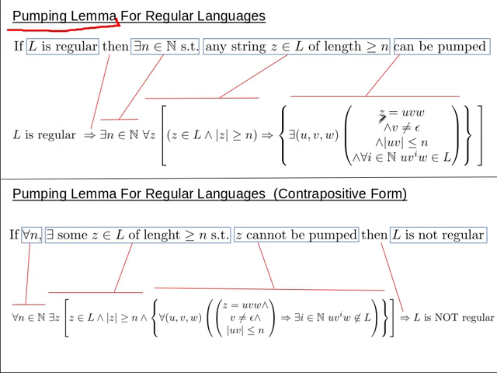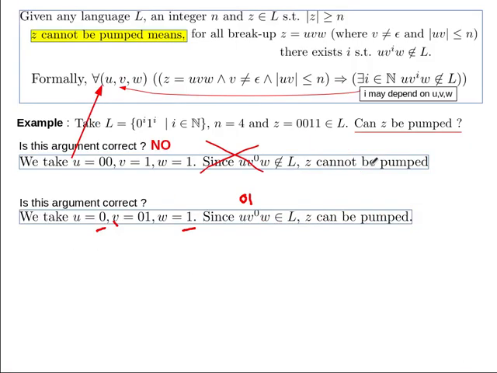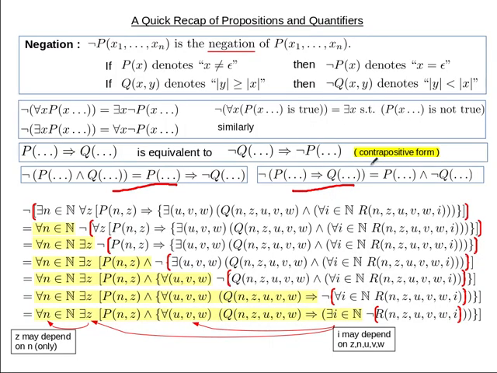And what is this? There exists n for all z, something implies there exists this thing, then a conjunction of this big thing. If you compare this with this expression, it's exactly the same. There exists n for all z, something implies there exists this thing such that this, and for all i something happens.